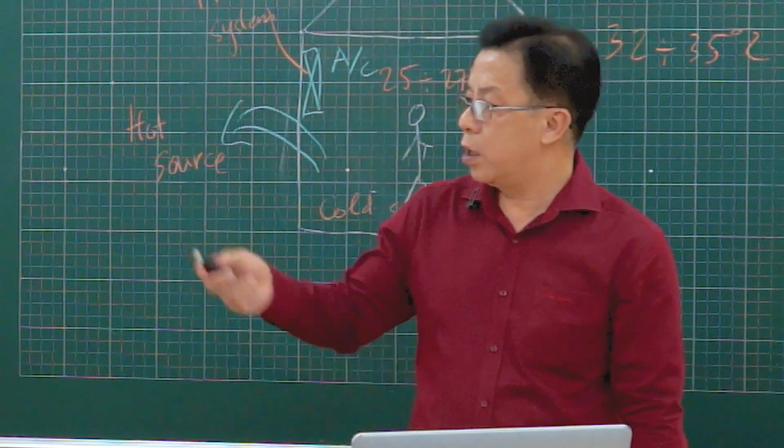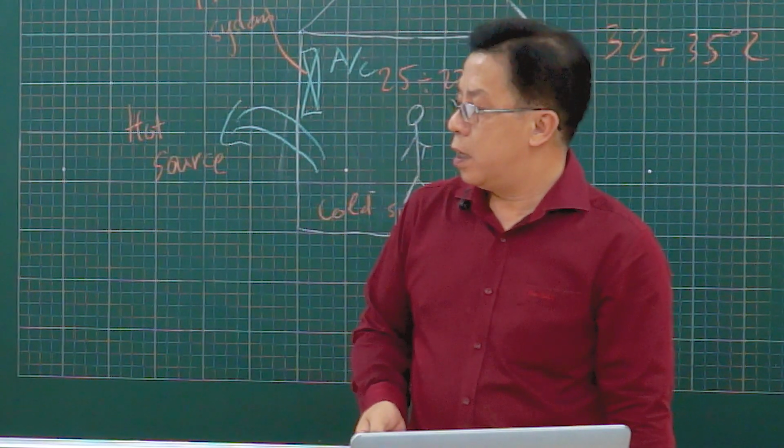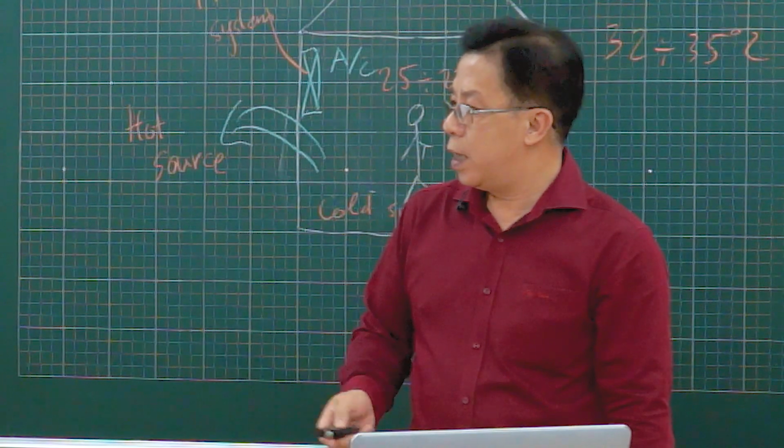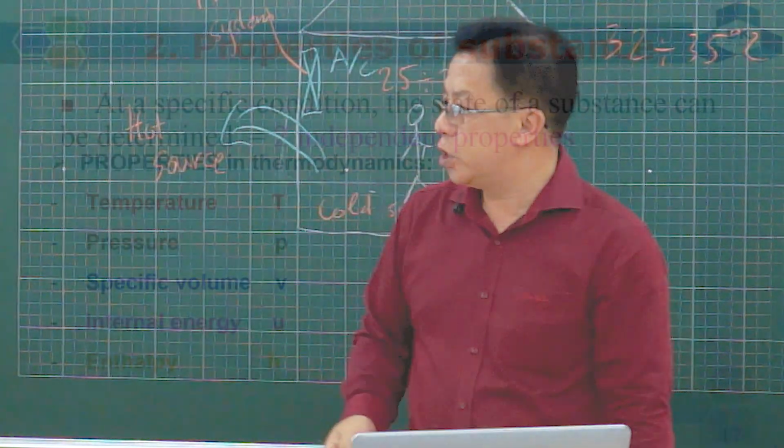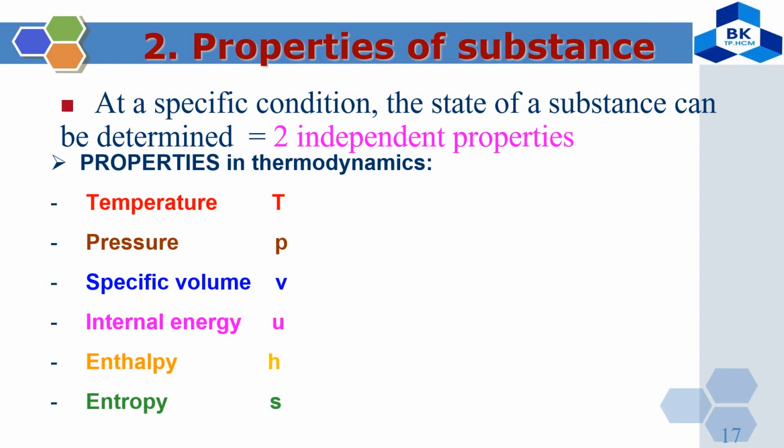Internal energy, we use U to define it, and enthalpy we use H, and sorry, the last one is the entropy, S. In this case, temperature, pressure, and the specific volume we call the three basic properties.